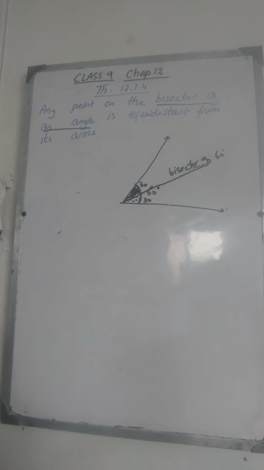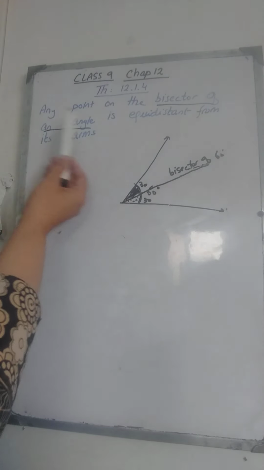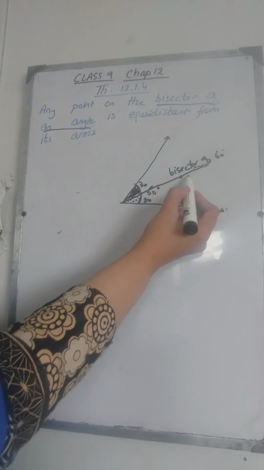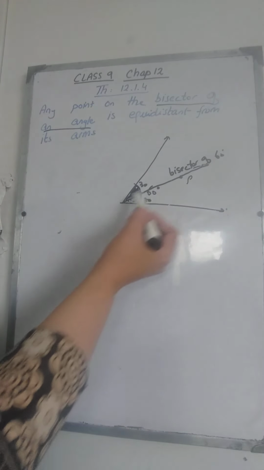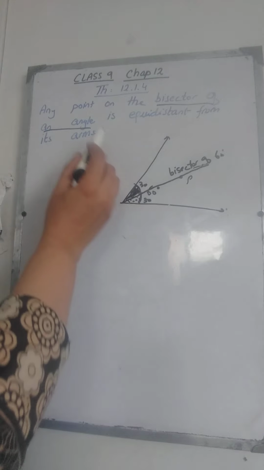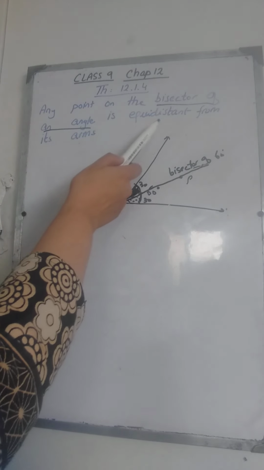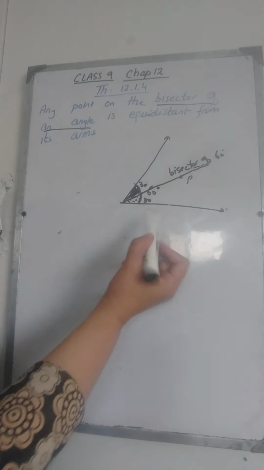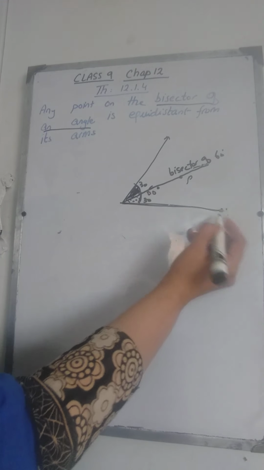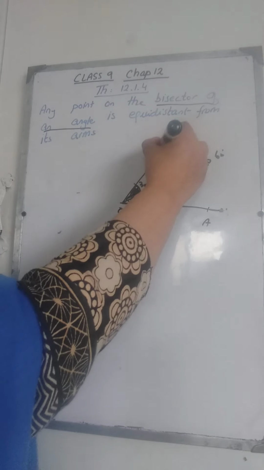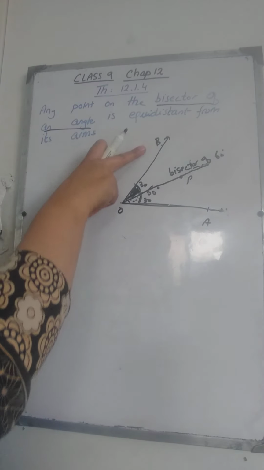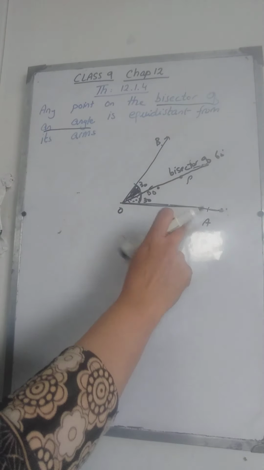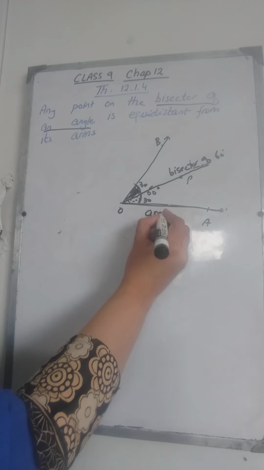So we are talking about any point. If we are taking a point P, any point on the bisector of the angle, we are taking a point P on this bisector, and we need to prove that this point is always equidistant from the arms. These are the arms. If I name this angle as AOB, then OA and OB are the arms of the angle.